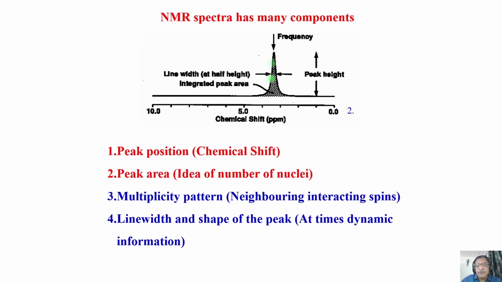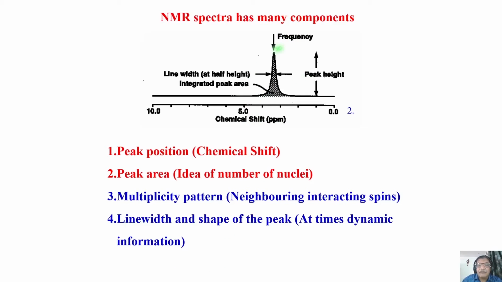First thing, the position of the peak. That's what we have been discussing in the last couple of classes. That is what is called chemical shift with respect to some reference which you use in a particular nucleus of observation. What is the position? For example, in proton with respect to tetramethylsilane, what is the chemical shift position in frequency or ppm of a particular peak? So peak position is important.